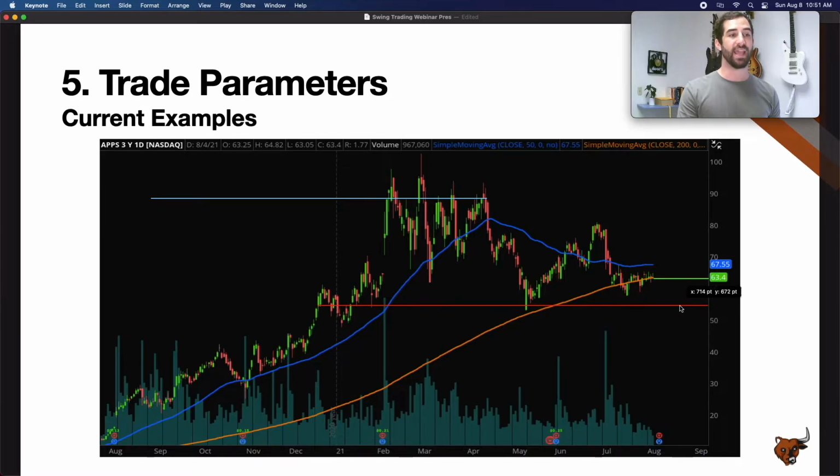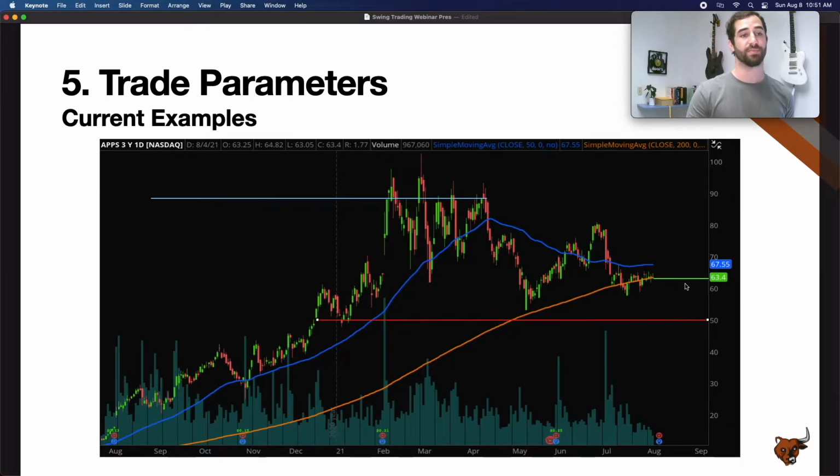I would say somewhere around this level is my absolute worst case scenario. So about here, okay, 50. I mean, that's a big range. That's a big range.